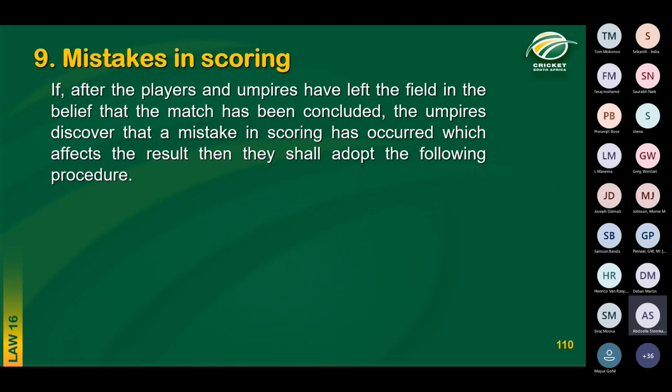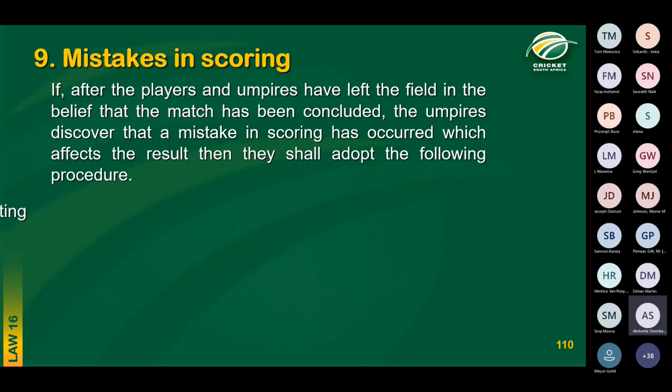Everyone shakes hands. The game is now concluded according to the batters and the fielding side. As they're walking off the field, the scorers tell them, sorry guys, there's a mistake in the scoring. The target is actually 205 and not 201. So another 4 more runs need to be scored.